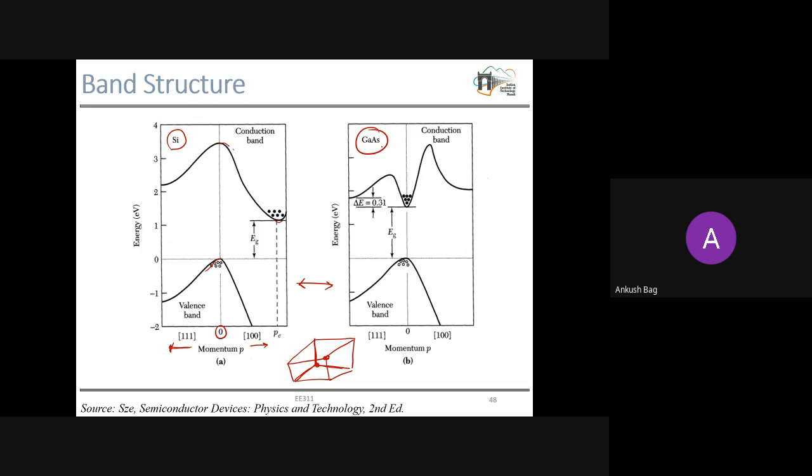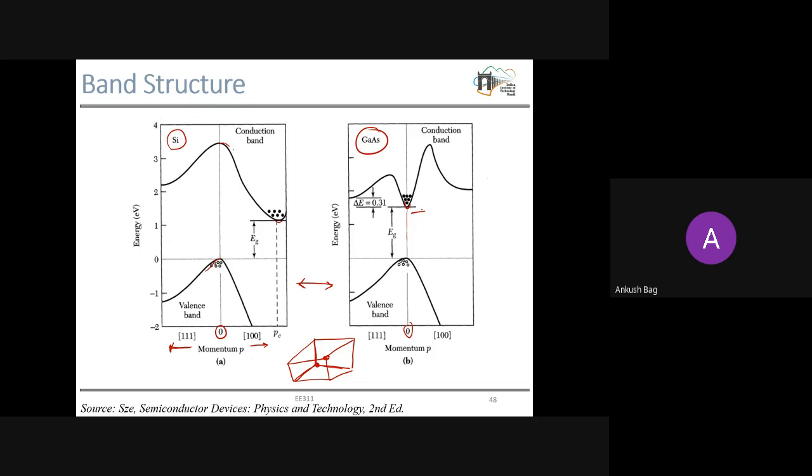That means for the electrons sitting adjacent to an atom in gallium arsenide, in which direction will they go? In all directions, the electron mass and everything will remain the same, because the conduction band minima is coming exactly at the 0 point.